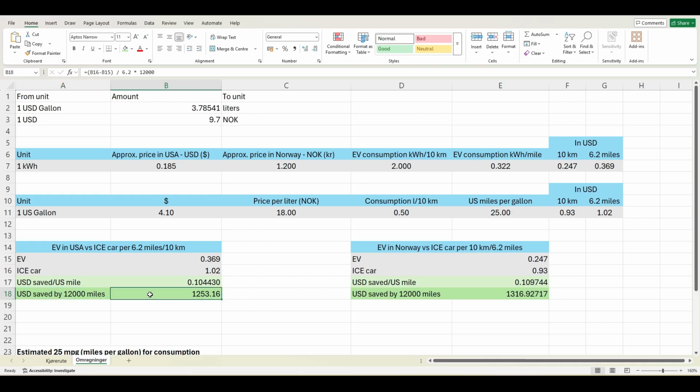Close enough. So you save approximately $1,250 per year going with an EV. And then we did the same thing here in Norway, and you see it's about the same.